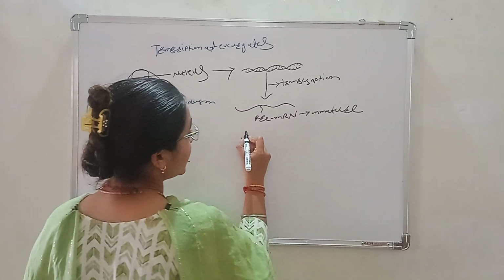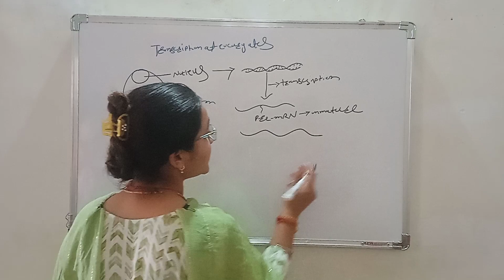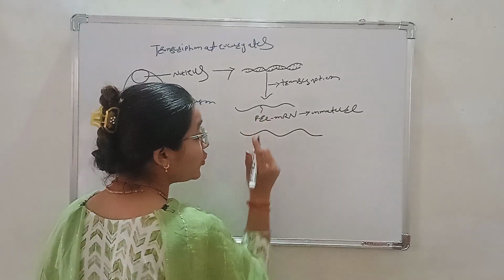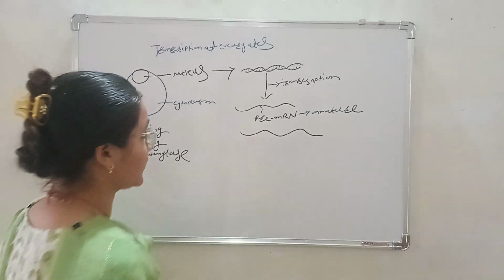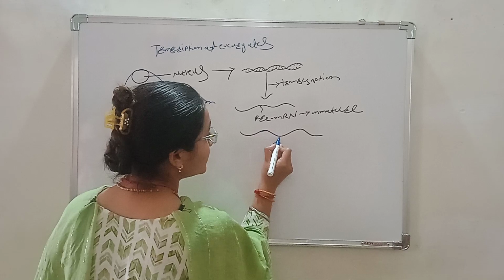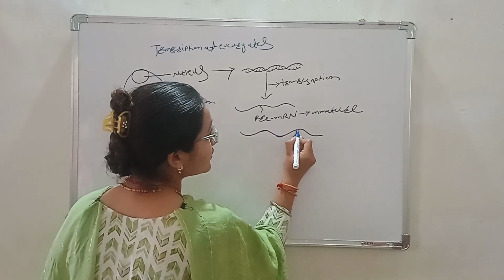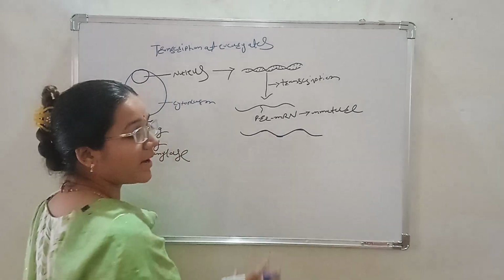Firstly, splicing. In splicing, the single-stranded mRNA has two portions, a coding and a non-coding part. For example, this blue line is a non-coding part of the mRNA.